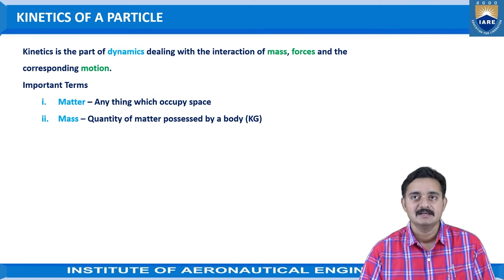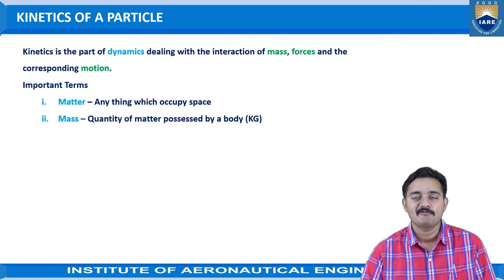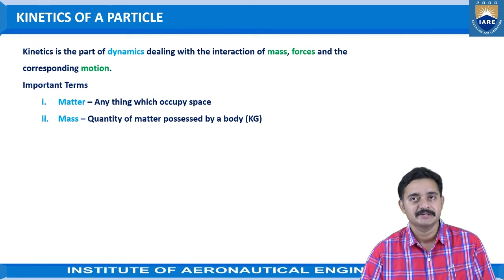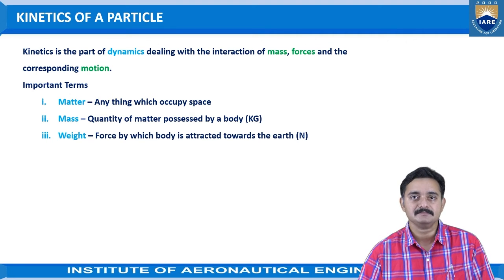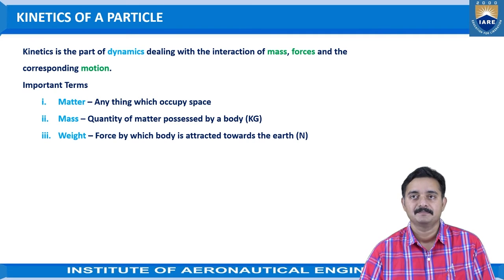Then coming to mass, mass is the quantity of matter possessed by a body, and it is given in terms of kilograms. So mass can be treated as the quantity of matter possessed by any object or a body. Then coming to weight, the force by which a body is attracted towards the earth.